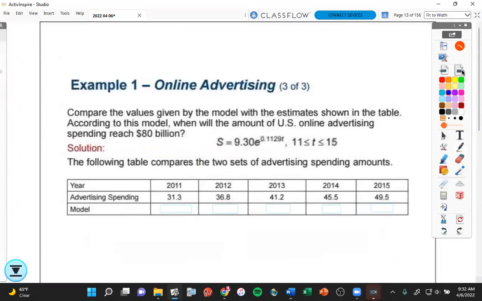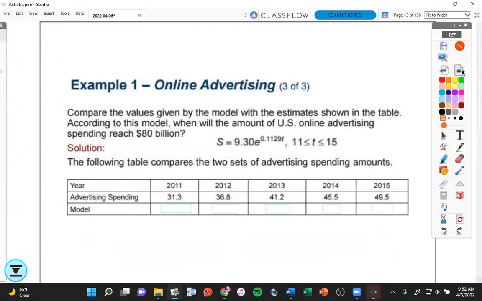Here's the question. Compare the values given by the model with the estimates shown in the table. So the table data is factual data. That's the given amounts. Using those given amounts, they came up with the equation.